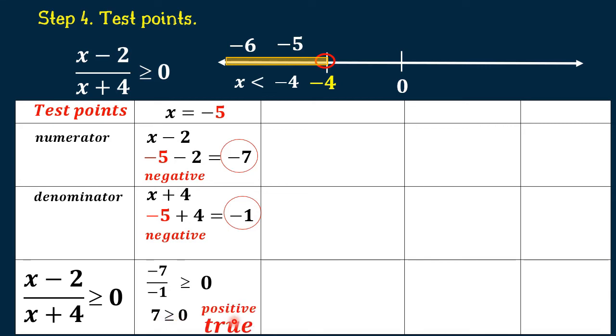Since the result is positive, we have here a true inequality, true expression, because 7 is greater than or equal to 0. So we have to summarize the signs. We have negative, negative, and of course positive. Negative divided by negative is positive. Take note, our target values are positive values.